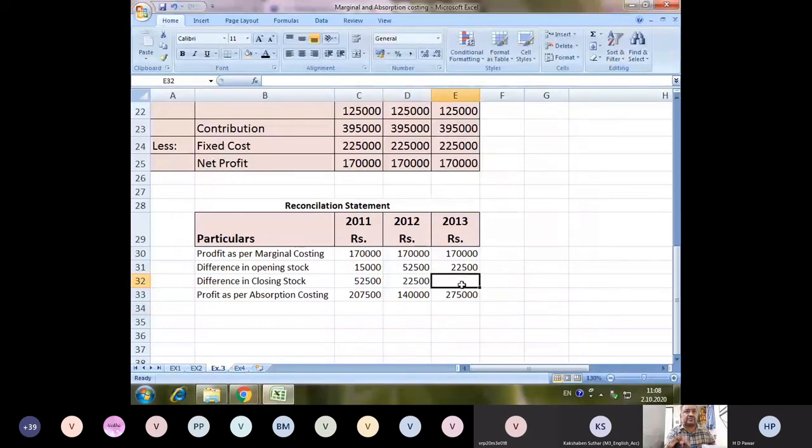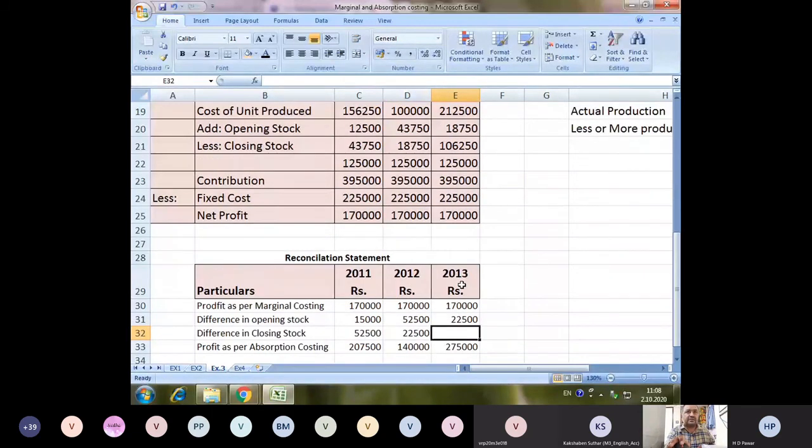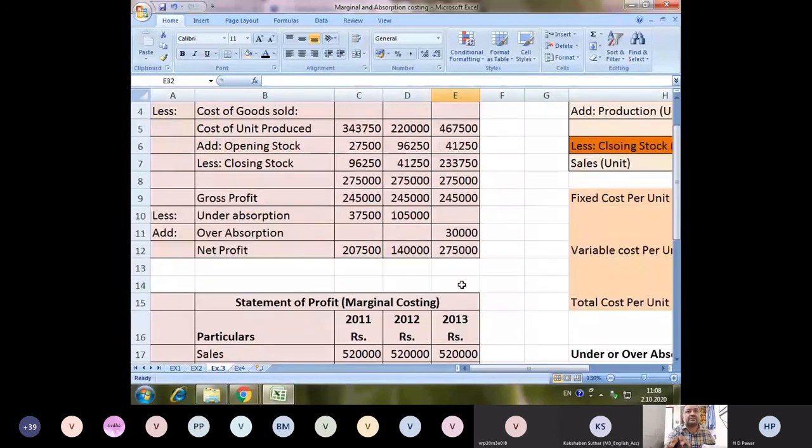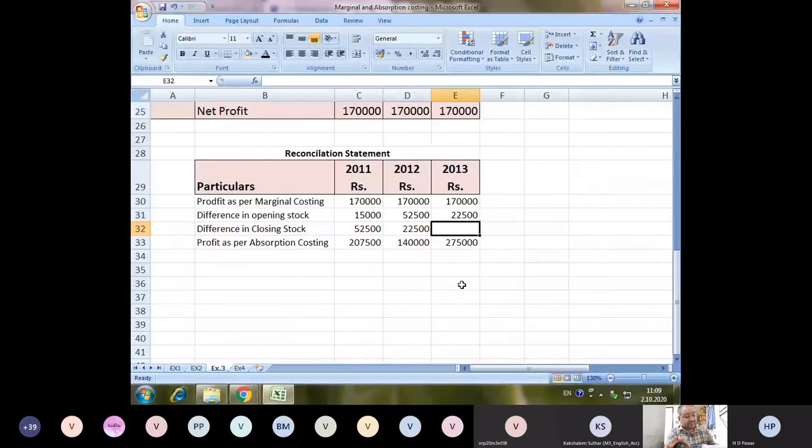Okay, and the third year, here it is 1,06,250 and here it is 2,33,750. The difference is 1,27,500. Okay, so these are the differences.